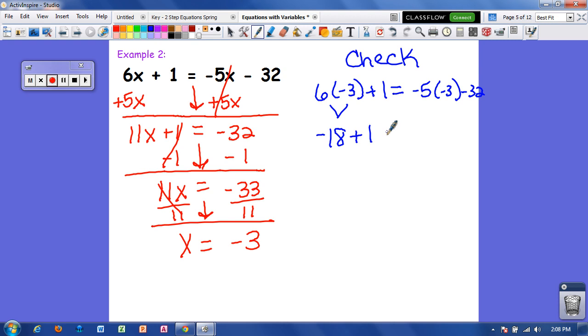Carry down the plus 1. Negative 5 times negative 3 is a positive 15. And bring down the minus 32. So now, negative 18 plus 1 is negative 17. And 15 minus 32 is also negative 17, so this checks out.